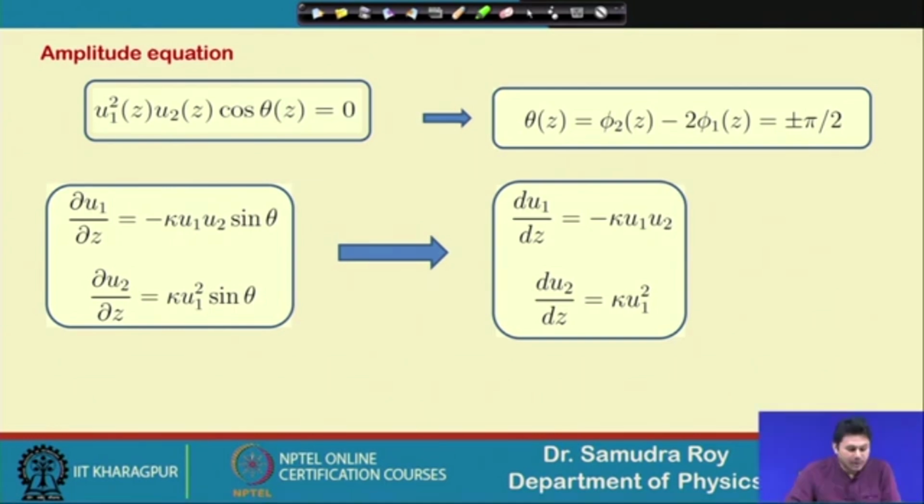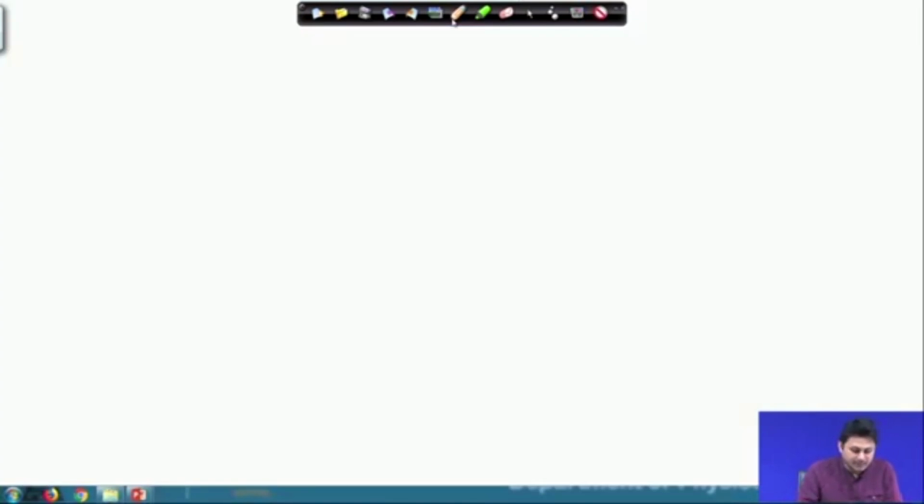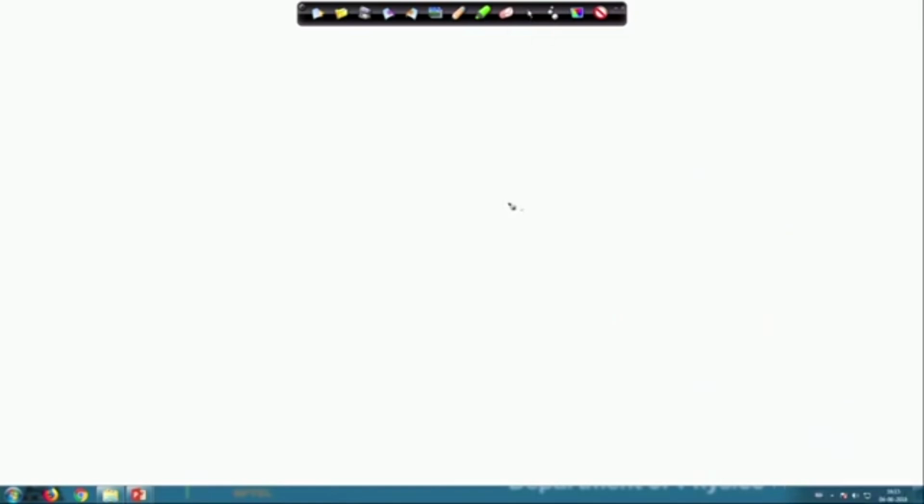One important thing that we derived is that one quantity is conserved over the distance. Let me go back to the slides.